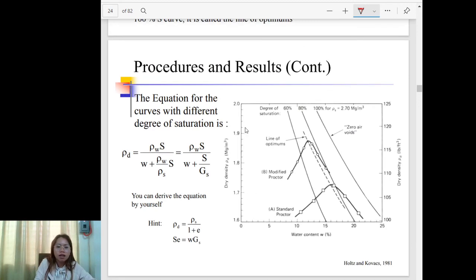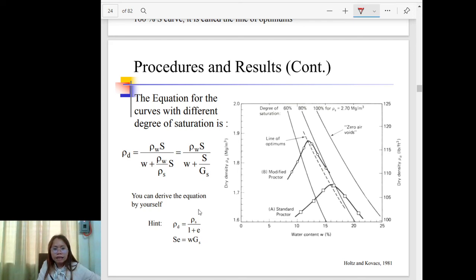And the equation for the curves with different degrees of saturation is this one, no? So this is obtained, no? You can derive this equation by yourself through this formula. So the dry density is equal to the density of the moist soil divided by 1 plus the void ratio.